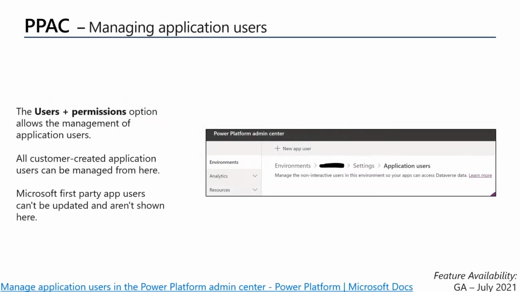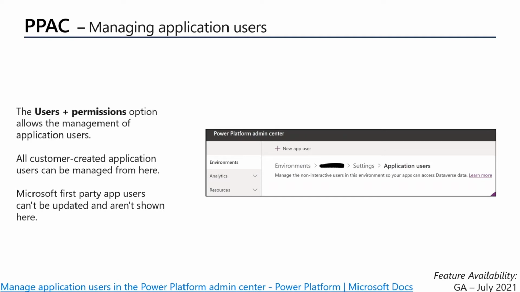On the application users, we have here the users plus permissions option that we already have in Power Platform Admin Center, and this will now allow you to manage also the application users.